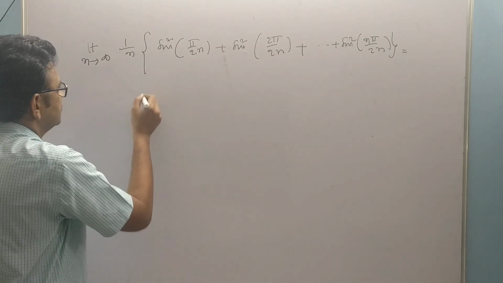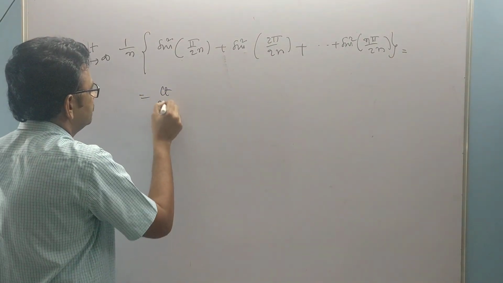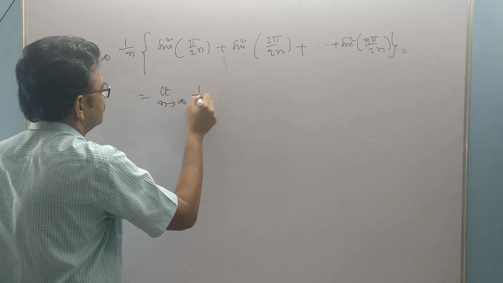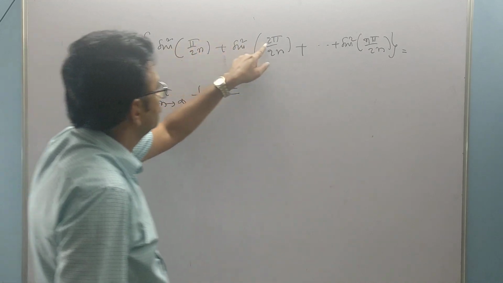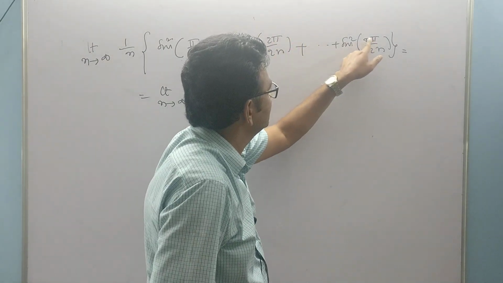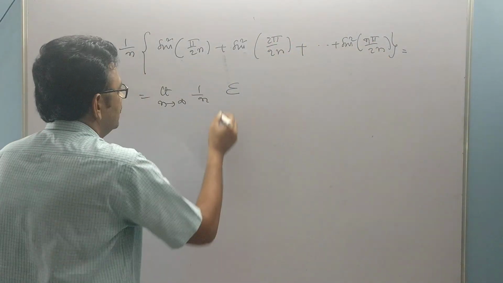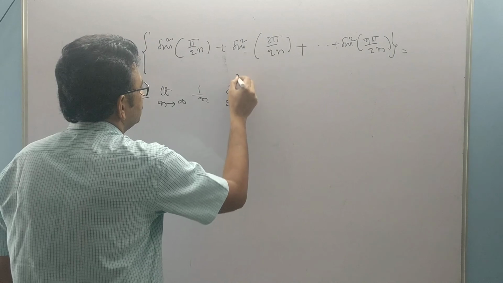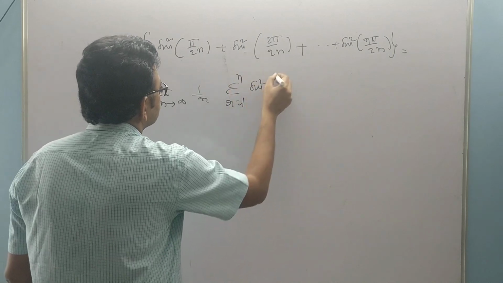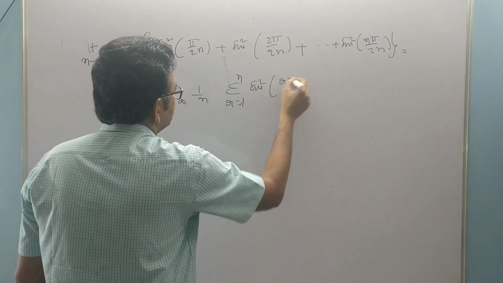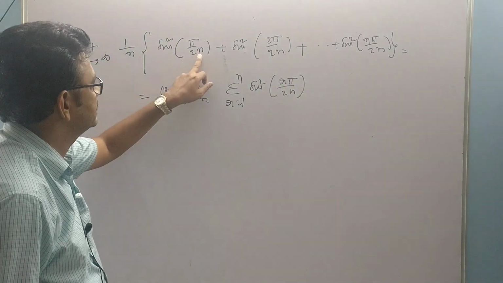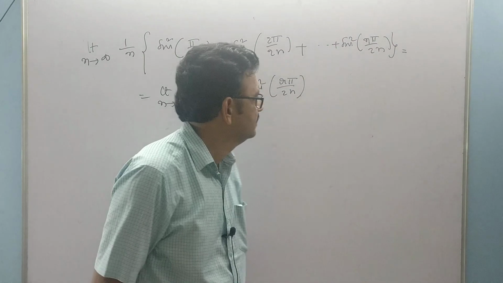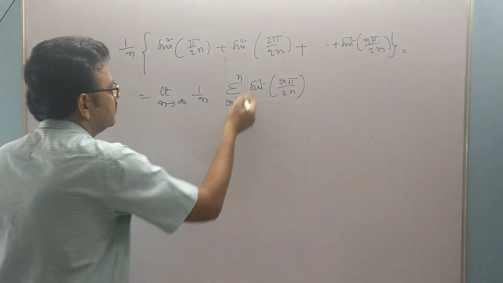So this is limit of n tends to infinity, 1 by n into sigma, r equal to 1 to n, of sin square r pi by 2n, where 2n is fixed and r equals 1 to n.